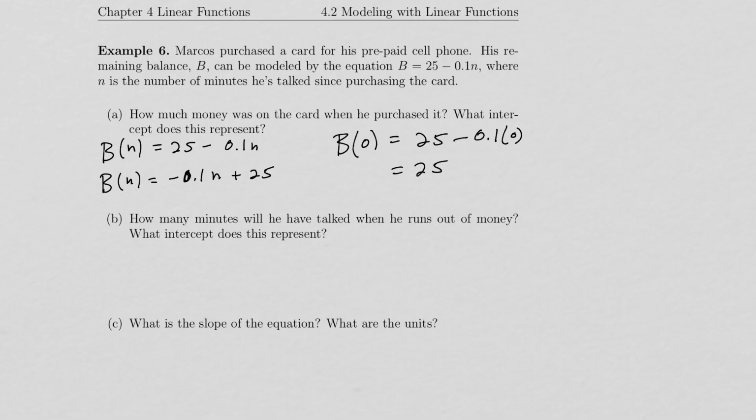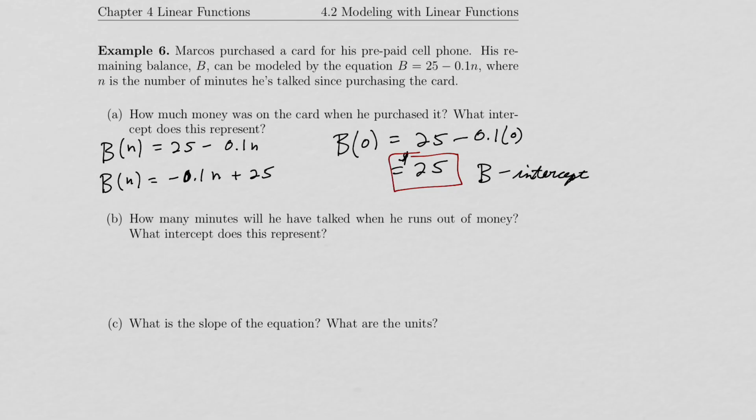It's like the initial starting value, or the y-intercept, but in this case, since we're using b instead of y, this intercept is really the b-intercept. That's the amount that was on the card, $25 initially.